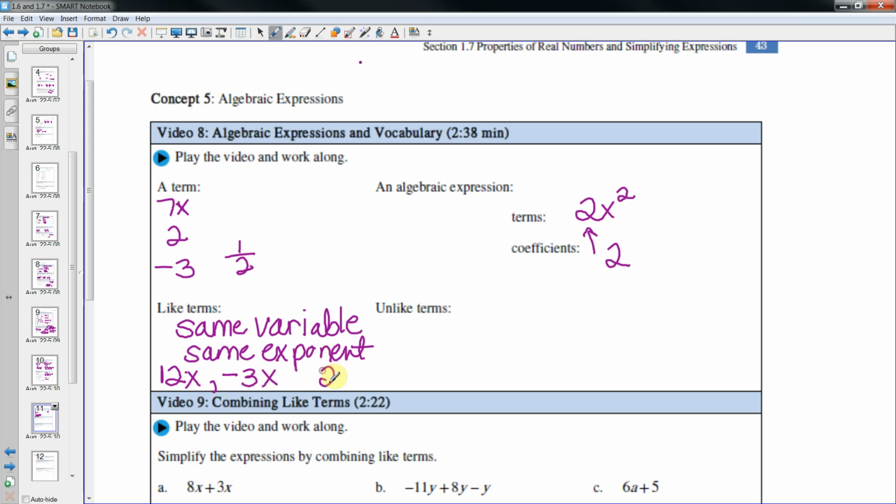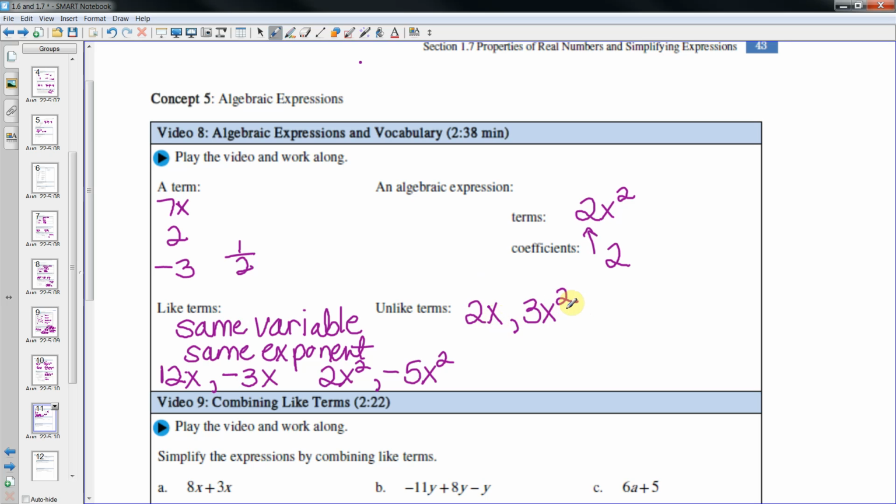Or you could have a 2x squared and a negative 5x squared. Both of those have x squareds. They're like terms. Unlike terms would have different letters or different exponents. So a 2x and a 3x squared. Those are not like terms because one has an x and one has an x squared.